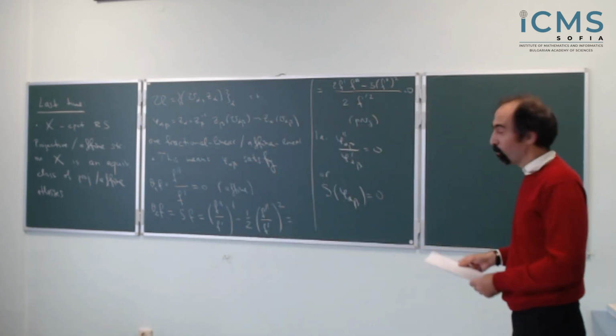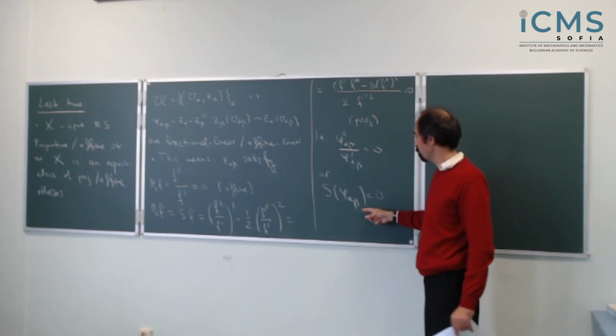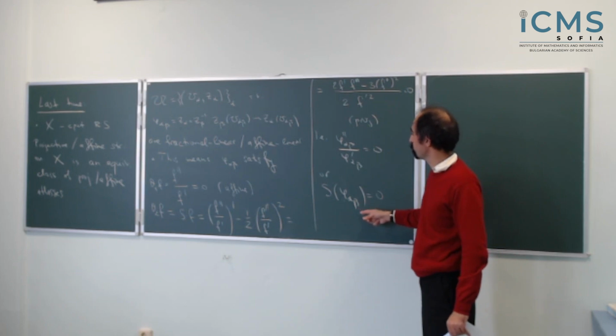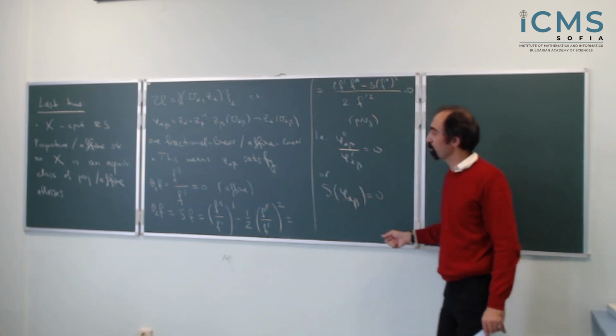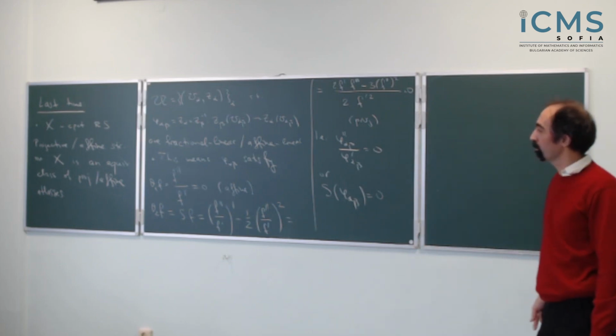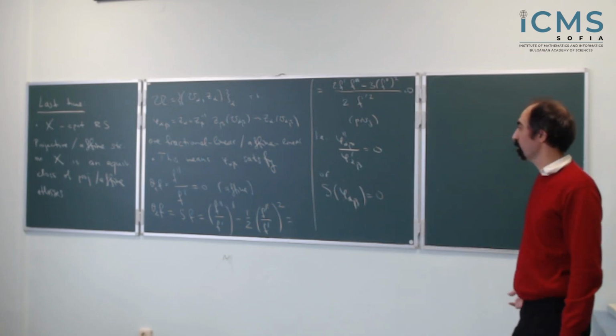It's direct to see that if you have a fractional linear transformation, its Schwarzian derivative is 0, and we gave one argument why the converse holds, that if we have a function whose Schwarzian derivative is 0, it is actually fractional linear.